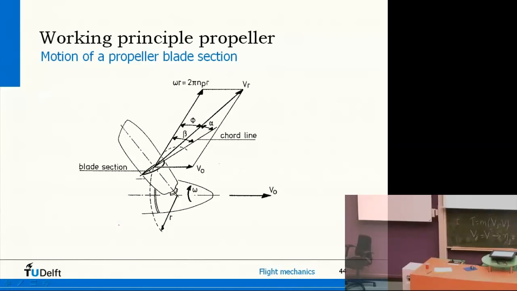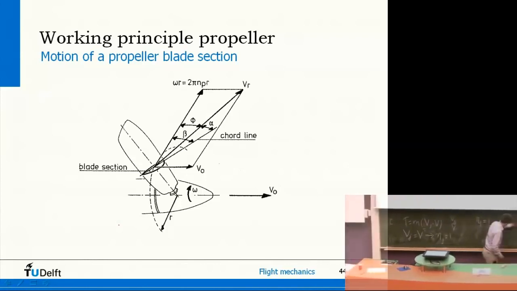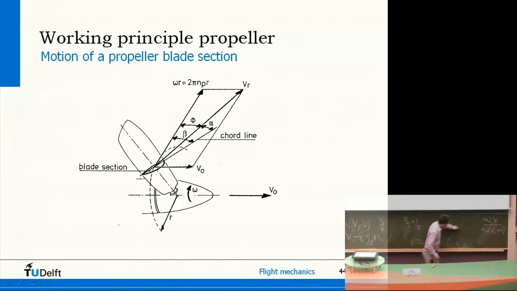If you look at that cross section, it's traveling at a very high speed just because the propeller is rotating. So this cross section has a large speed due to the rotation. Of course, the propeller as a whole is also traveling forward, which is V0. So the cross section sees the combination of these two velocities, omega r and V0, and together you get some kind of total velocity.